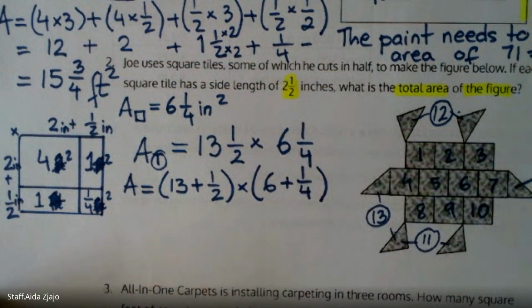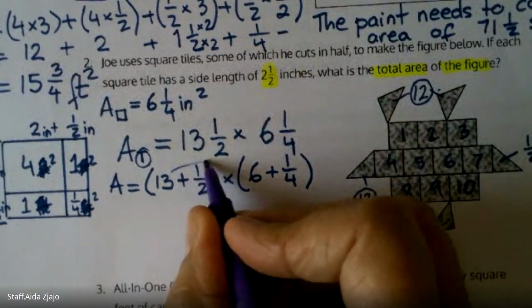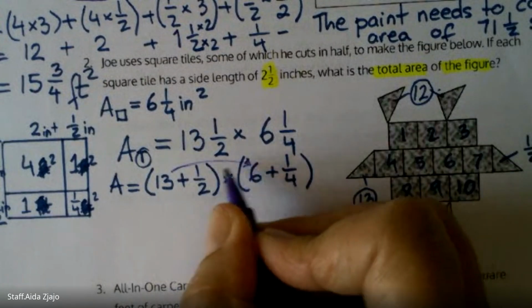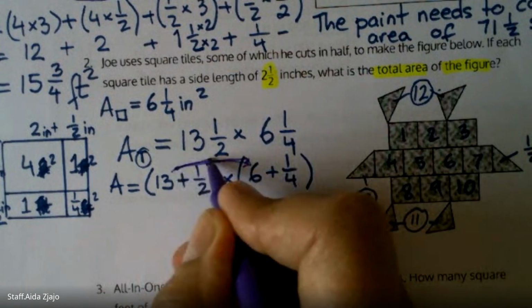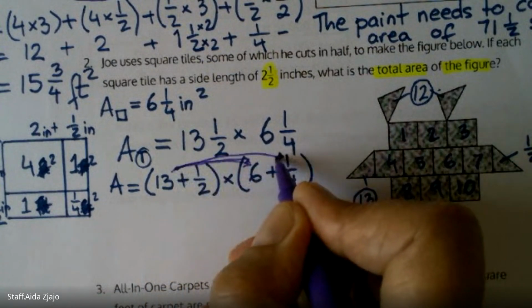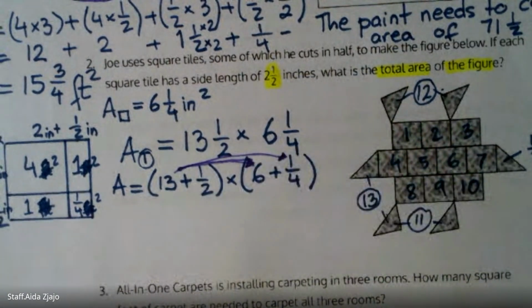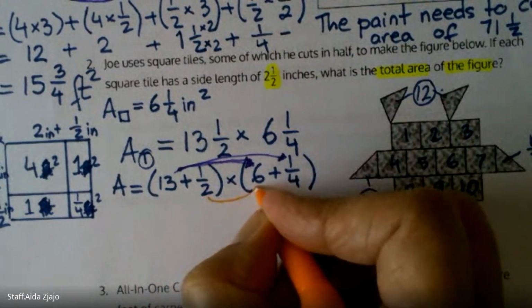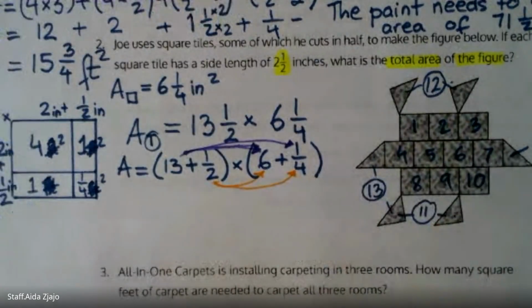I'm going to use 13 times 6, and then 13 times 1/4, and then I'm going to use 1/2 times 6 and 1/2 times 1/4.